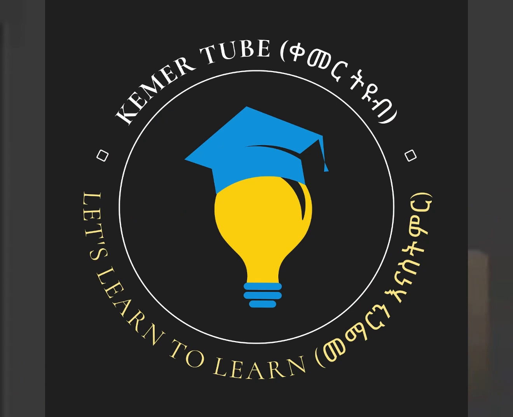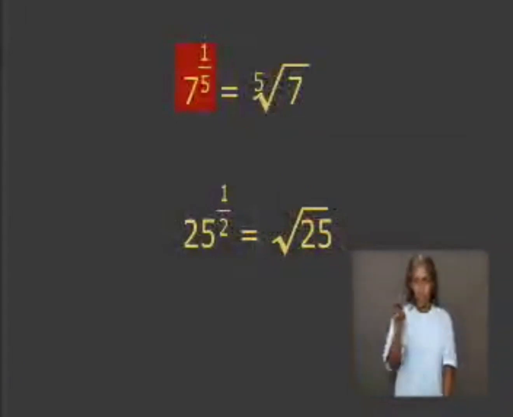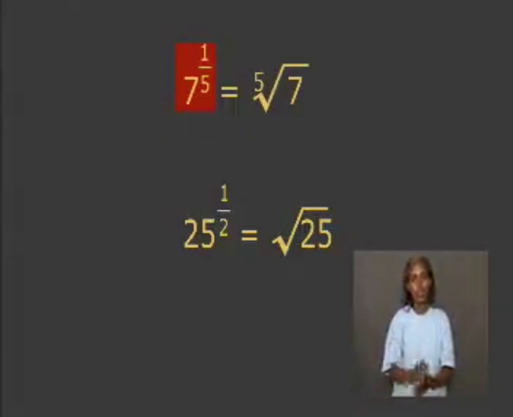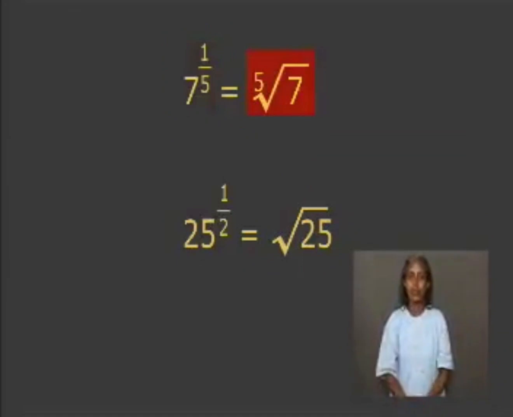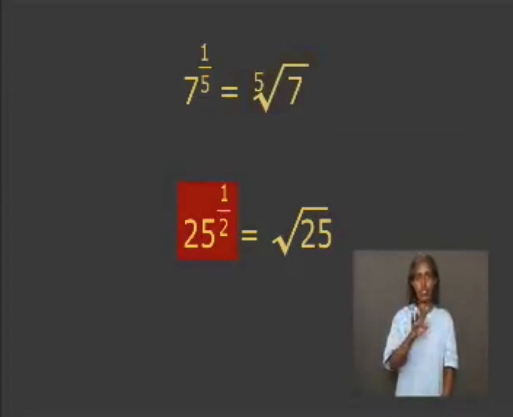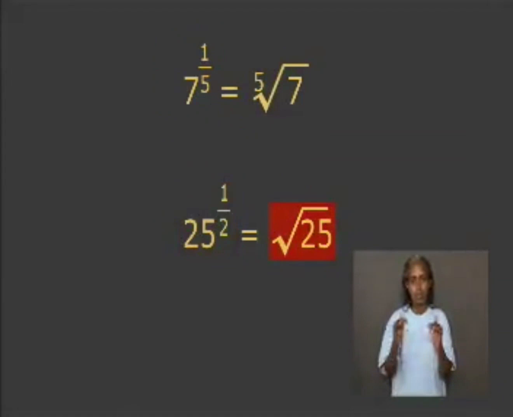The radical form of 7 to the power of 1/5 is expressed as the 5th root of 7. Similarly, 25 to the power of 1/2 is the square root of 25.